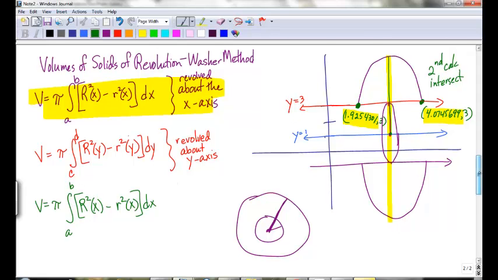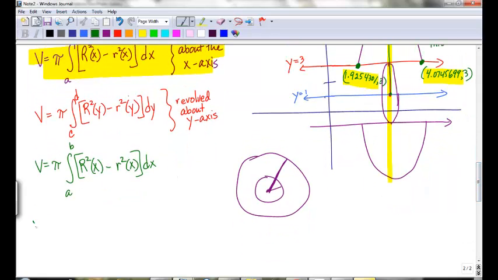So now when I sub in my formula, volume equals pi, and the integral, my outer radius is controlled by the negative 3. Let me make that a brace so that'll look better. It's negative 3 times (x minus 3) to the 4th power plus 7. And then we had to subtract 1 because it didn't start at the x-axis.